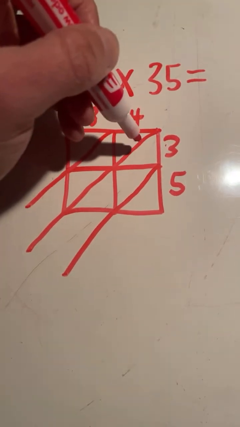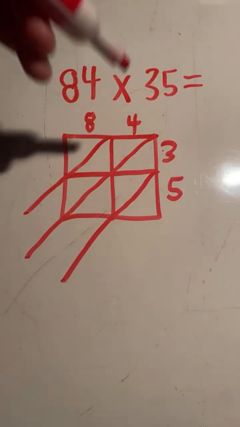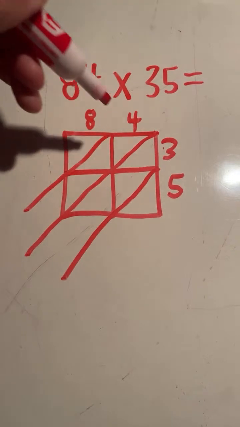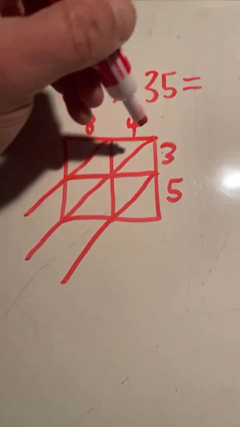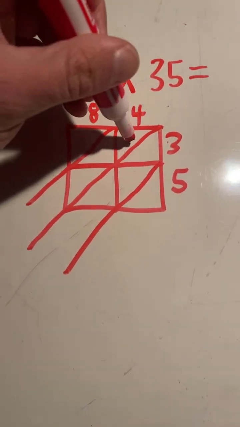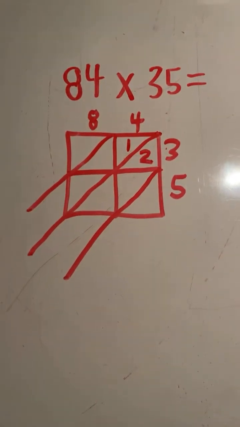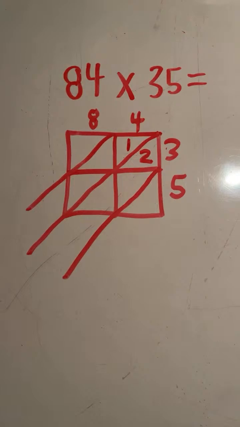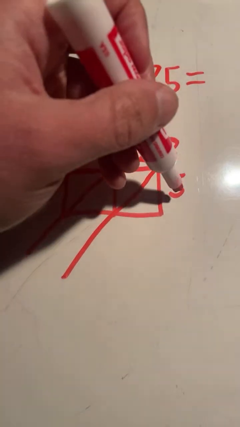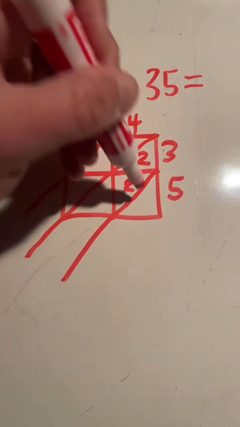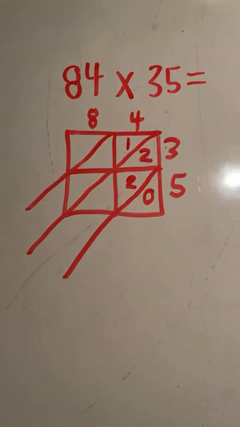The answer is going to go in the square, and each digit in our answer is going to go in a separate triangle. So 4 times 3 equals 12. So I'm going to put a 1 and a 2. 4 times 5 equals 20. So we have a 2 and a 0.